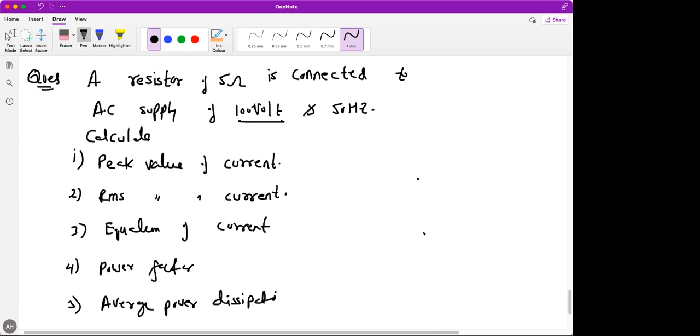Just write in chat room which value of EMF is this 100 volt. Is this the instantaneous value? Is it the peak value? Is it the average value? Which value is this?